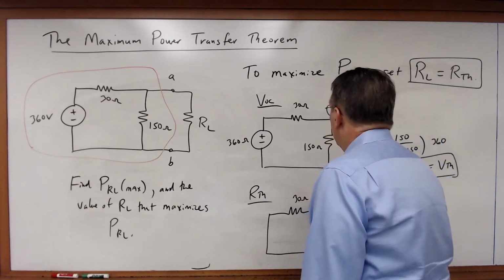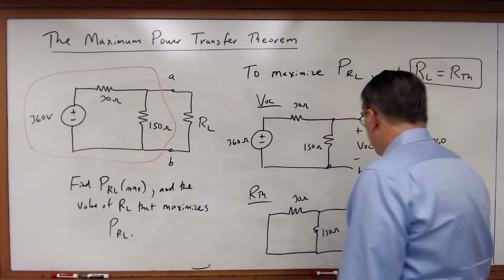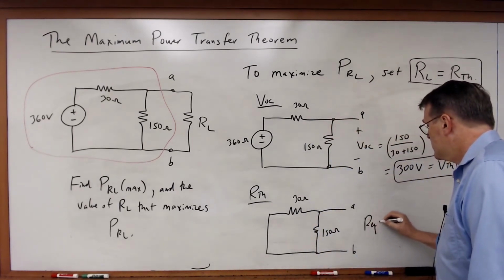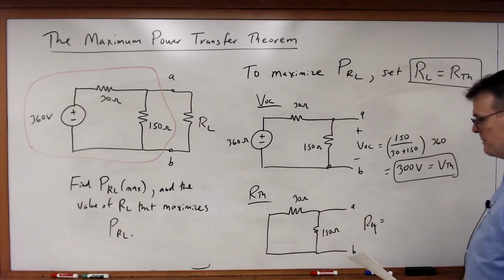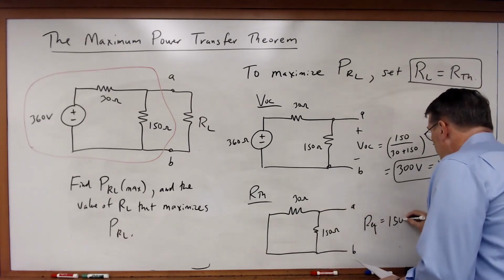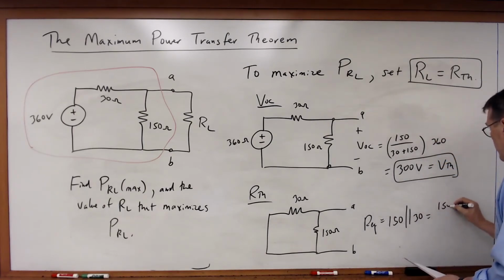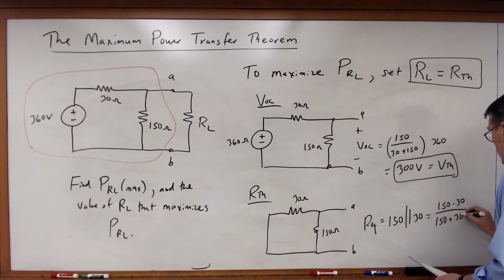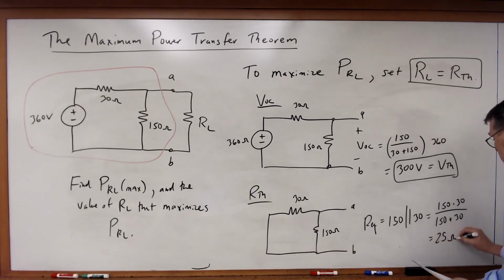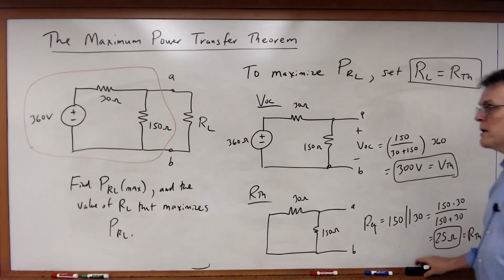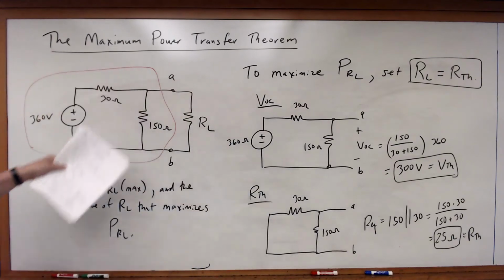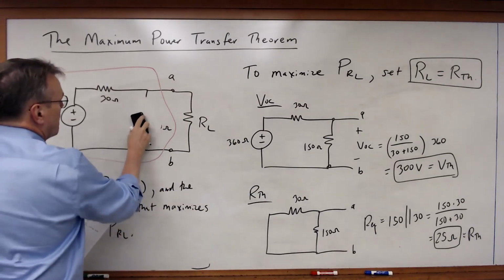So I have 30 ohms, 150 ohms, and now the equivalent resistance between these two nodes is 150 in parallel with 30, and that will be equal to 150 times 30 divided by 150 plus 30, which is equal to 25 ohms. And that is equal to my Thevenin equivalent resistance. All right, so I'm just going to come back and substitute my Thevenin equivalent circuit.